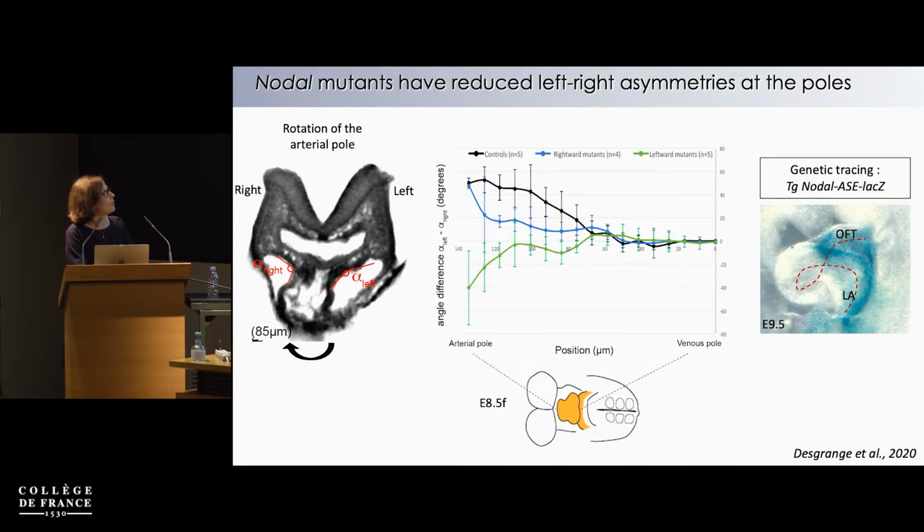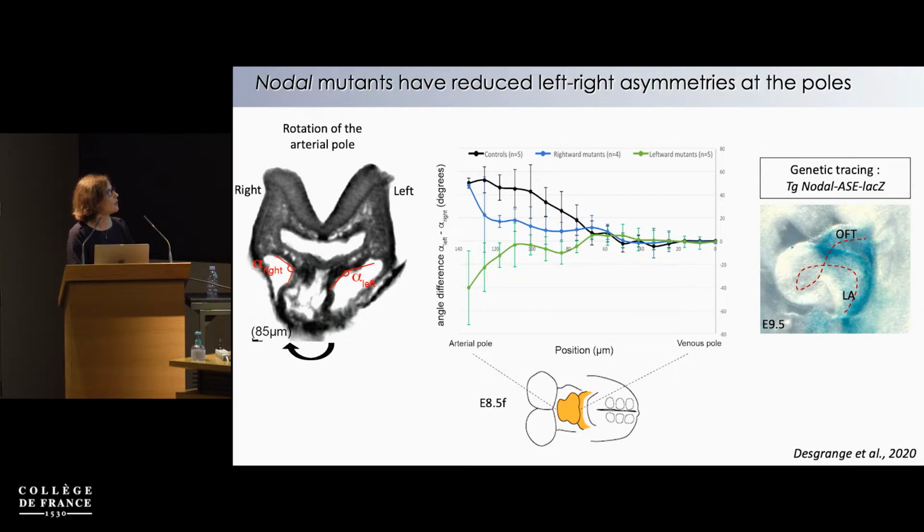So you can see the situation in controls that you have an angular difference at the arterial pole, but not at the venous pole. And when we look at nodal mutants, we made two observations. One is that there is randomization of the orientation of the asymmetry.